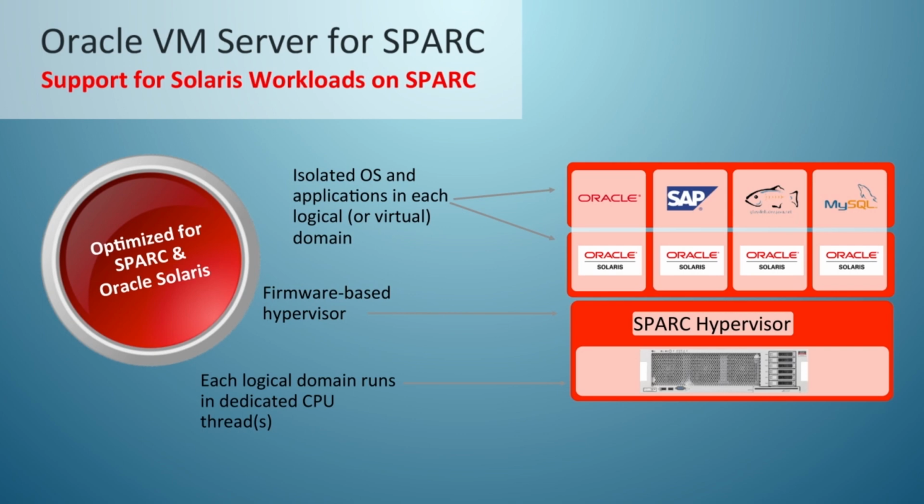This is a firmware-based hypervisor, extremely lightweight. One of its primary duties is to manage the physical resources of the hardware platform, which allows CPUs, memory, and I/O to be partitioned and virtualized and made available to the virtual machines that run on the system.